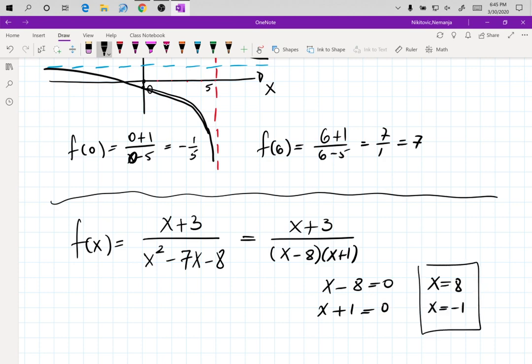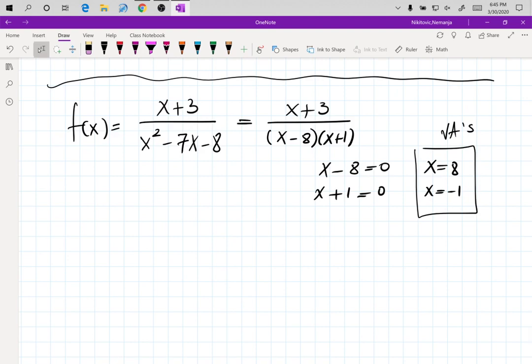So here are your vertical asymptotes. You're only setting the denominator to 0, and you only look for the terms which didn't cancel. In this case, none of the terms canceled, so we keep all of the asymptotes.